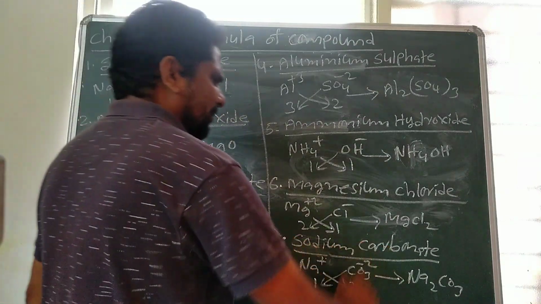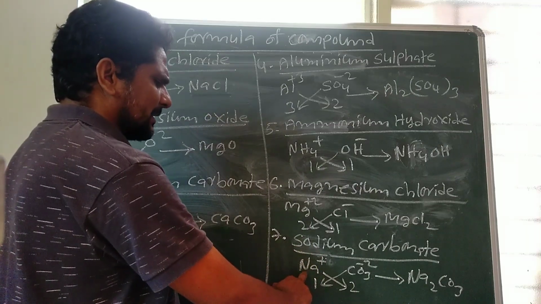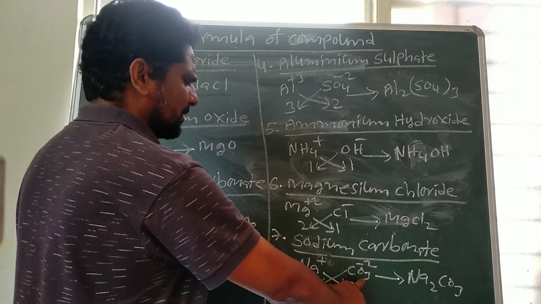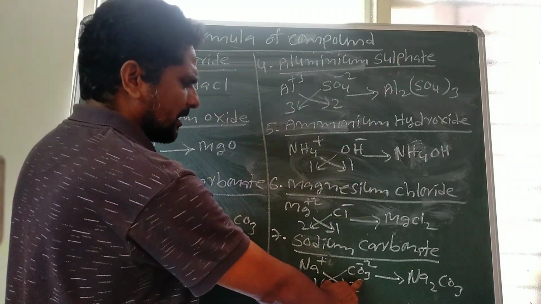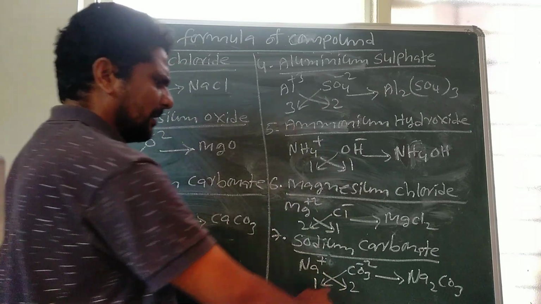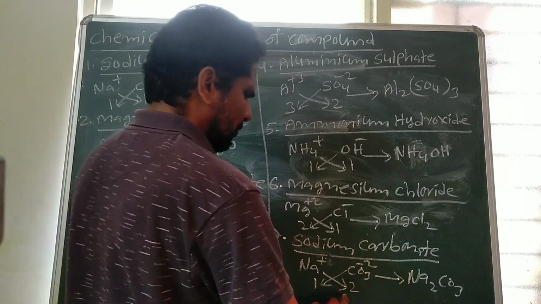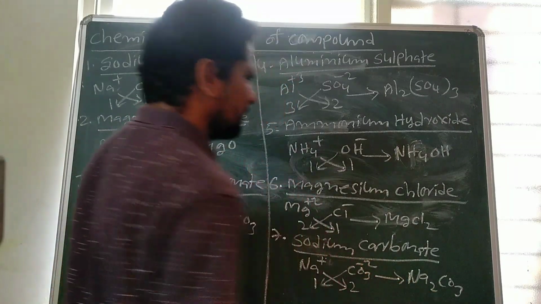Chemical formula of sodium carbonate. Sodium carbonate consists of two radicals, Na+ and CO3 2-. Charge on Na+ is 1, charge on carbonate is 2. Charges are crisscrossed to get the chemical formula. So the chemical formula of sodium carbonate is Na2CO3.